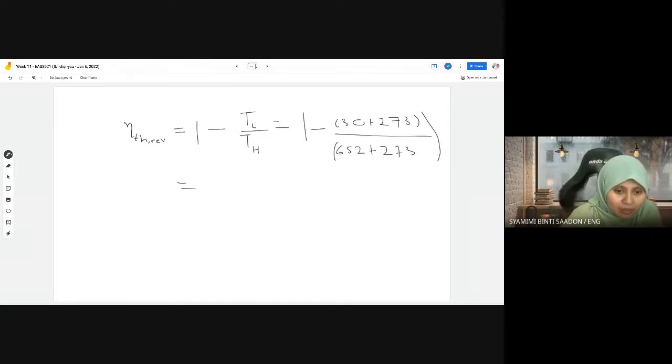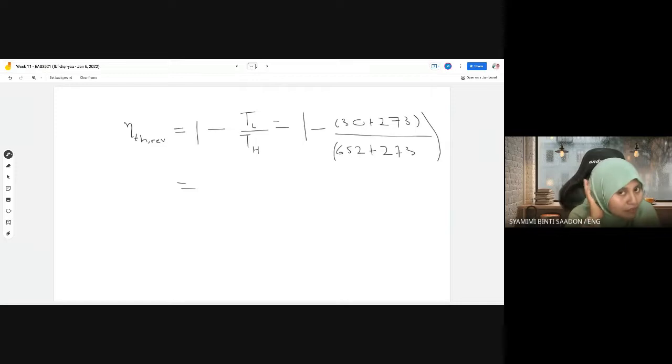Second one, the amount of heat rejected to the sink per cycle, QL.